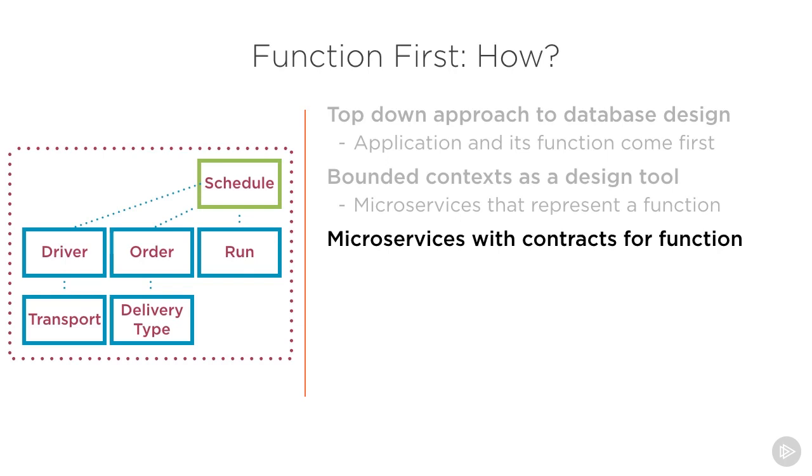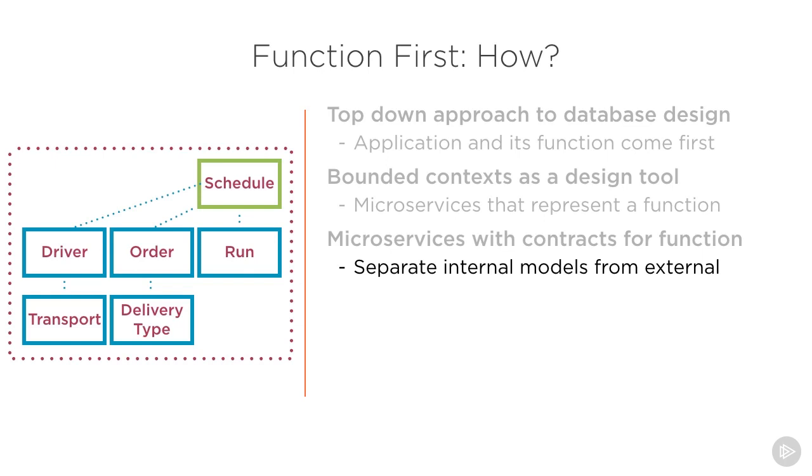Even when we take the function first approach, we need to ensure that our microservices have external contracts that represent the models required for the contract, and we just don't end up exposing the internal models used for the internal database as part of the contract. We want to ensure that we don't couple the internal workings of our microservice, which includes the database, with the external contract which our client applications consume.